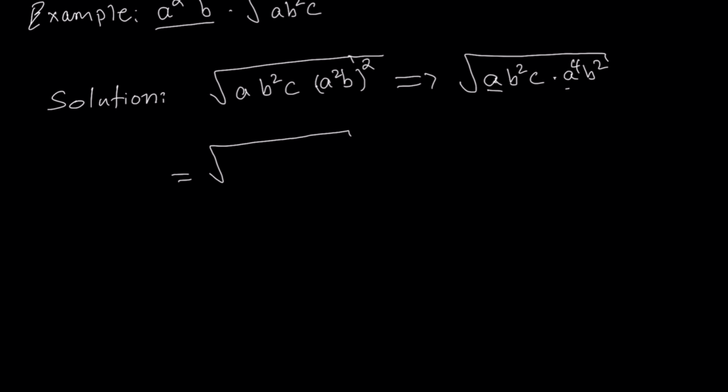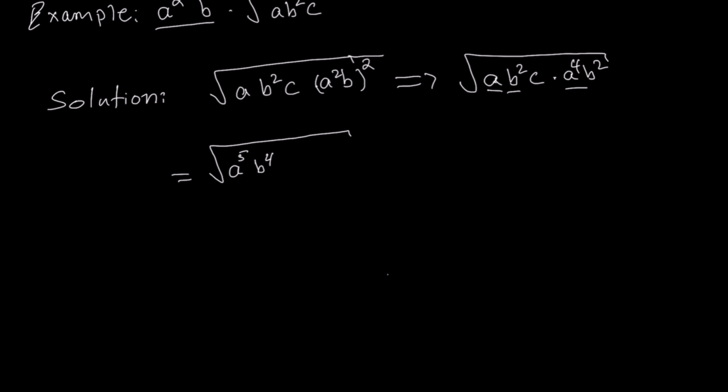We got a here, and we have a to the power 4. In the multiplication, we take the same base, and we add the exponents. It will be 1 plus 4, which is 5. We got b squared here and b squared here, so it'll be b to the power 4.